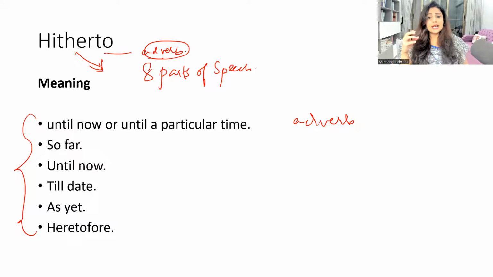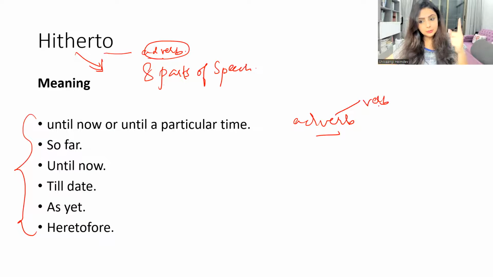Now that hitherto is an adverb: an adverb is basically something that describes the verb further. An adverb will either describe the verb, or the adjective, or it will also describe another adverb.